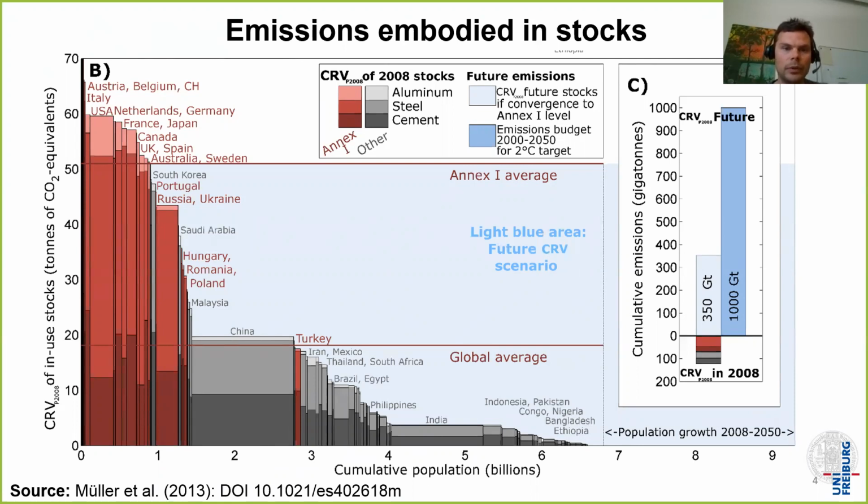On this graph, the blue area denotes all the stocks that haven't been built yet. The red ones are the stocks and their embodied emissions in the rich countries, the gray one in the developing world and the global south, and the blue one is all the material that isn't there yet. And just producing this material with current technology would emit another 350 billion tons of carbon dioxide into the atmosphere if done unmitigated and with current technology.